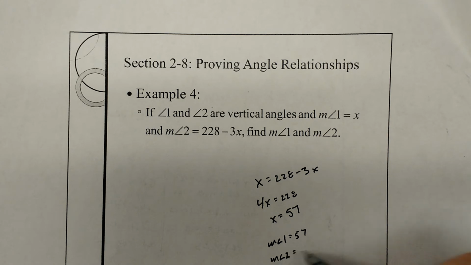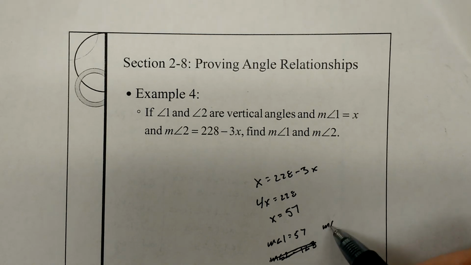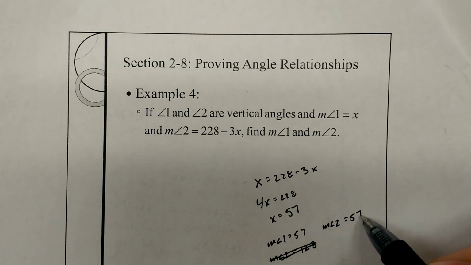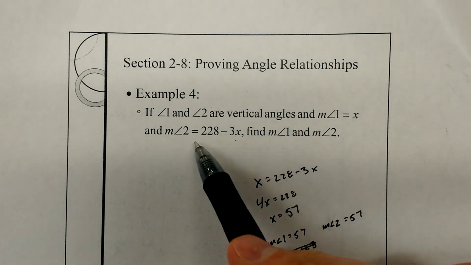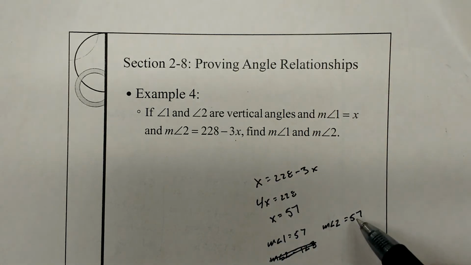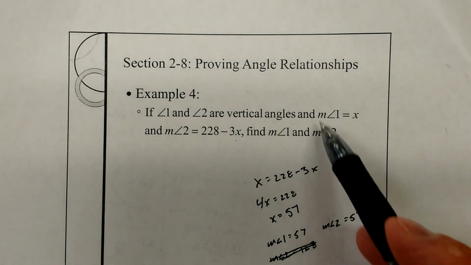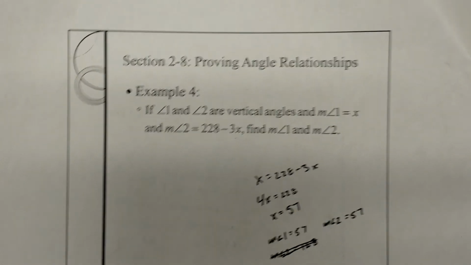So measure angle 2 is going to be 123, because it has to add up to... nope, I lied. They're vertical, which means they are equal to each other. You don't actually have to do a substitution step. You could plug your x back in here, 228 minus 3 times 57, but you'll get 57 back out, because since they're vertical, they have to be equal.